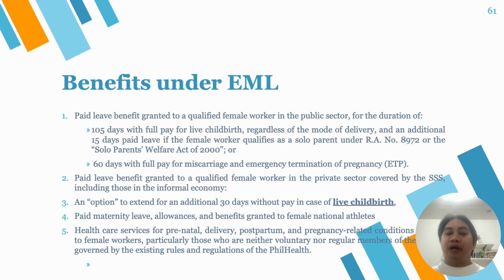There is an option to extend for an additional 30 days without pay in case of childbirth, provided that the employer shall be given notice that must be in writing and given at least 45 days before the end of the initial maternity leave of the female worker. No prior notice is necessary in the event of a medical emergency, and a subsequent notice to the employer shall be sufficient.